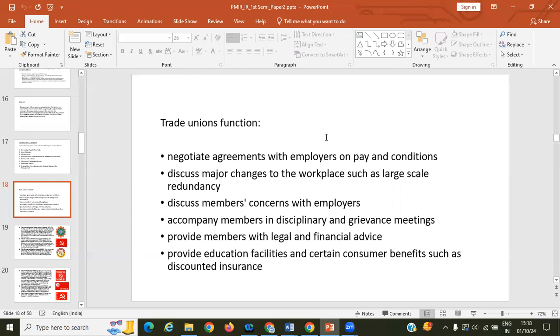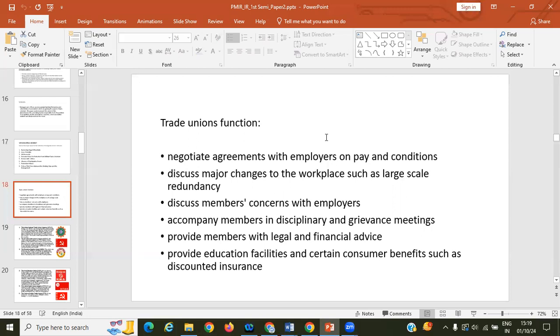Or if the union has more budget, they may give financial aid to the member. That is also sometimes possible. So they are giving this legal and financial advice and consultancy to the member.